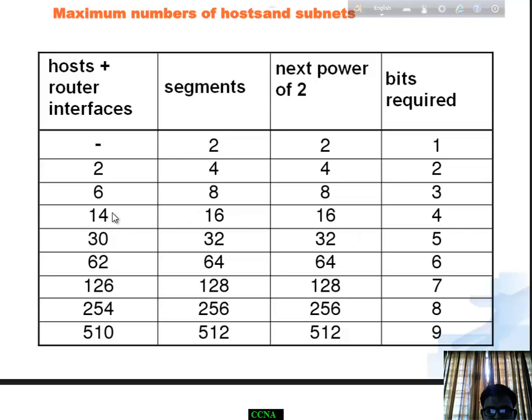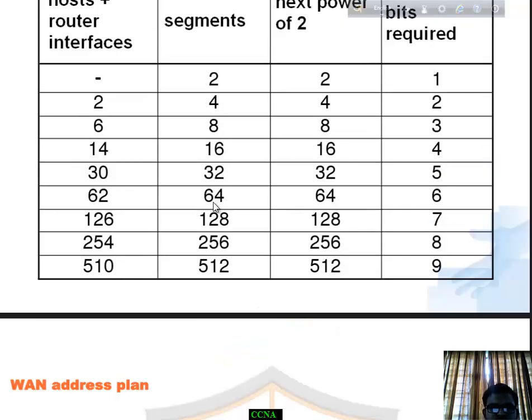So 1 bit is used for network and another bit is for broadcast. So two bits are separated from it.